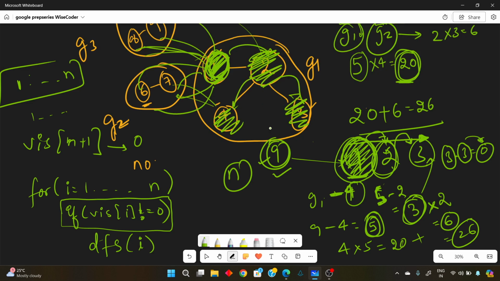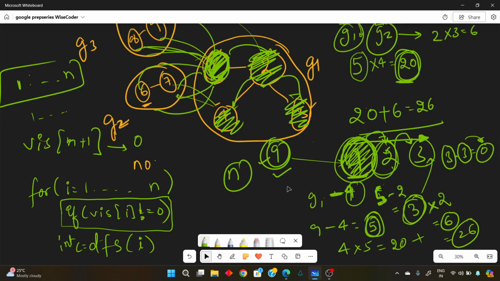So all these nodes are going to be marked, and you'll also be able to count. From here you can get the count, which you can store in the array. So using DFS, you'll be able to count how many nodes are there in each of the groups. We are going to utilize the input. Whatever input is given to us, we will form the graph from there.